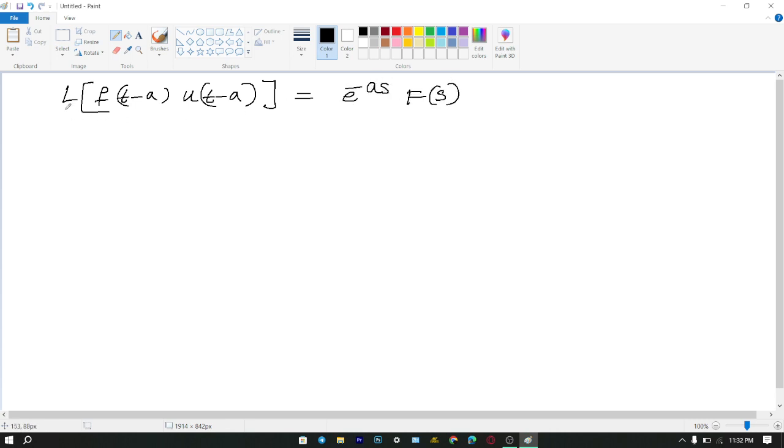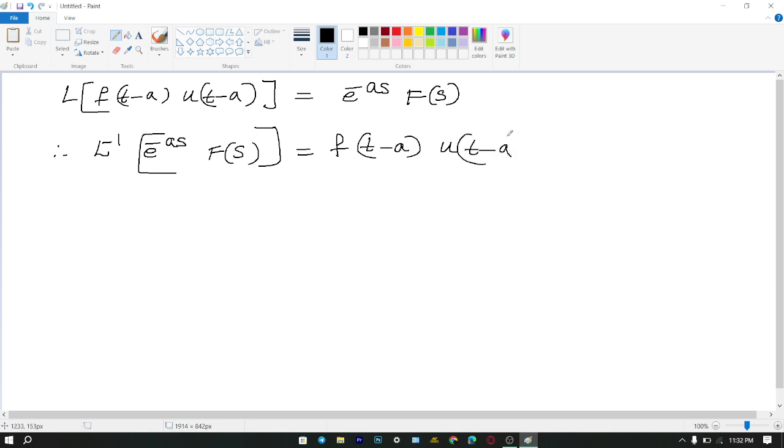Now we can take this L to the other side. Therefore, L inverse of e raised to minus as into f of s is the same as f of t minus a into u of t minus a. This is the corollary to the second shifting theorem.